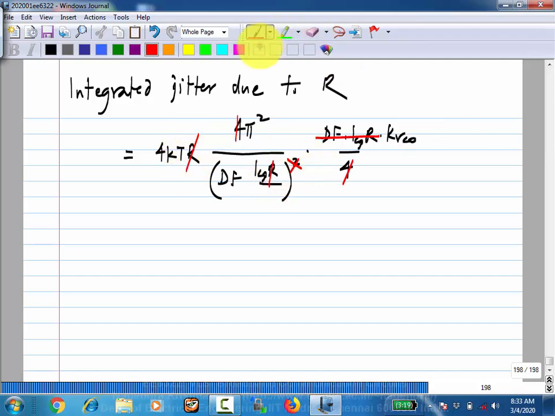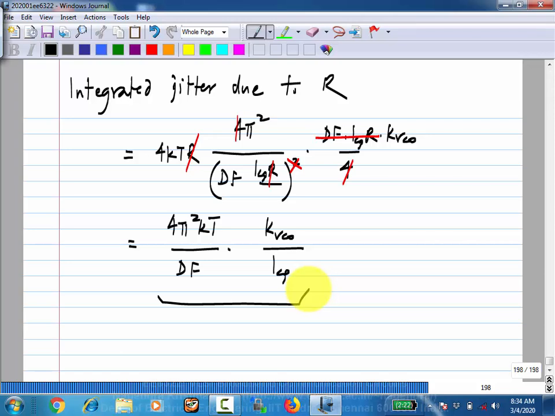So this is okay actually. This is fine, right? So the integrated jitter is inversely proportional to ICP.